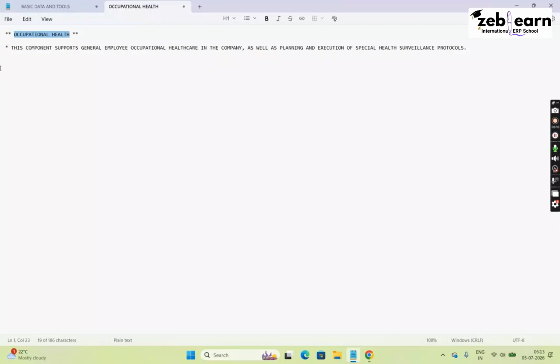Now let's see some definitions, like I told you, because we have basic data concepts and master data concepts in this. So first and foremost, we have to understand what is an exposure group. What is an exposure group?